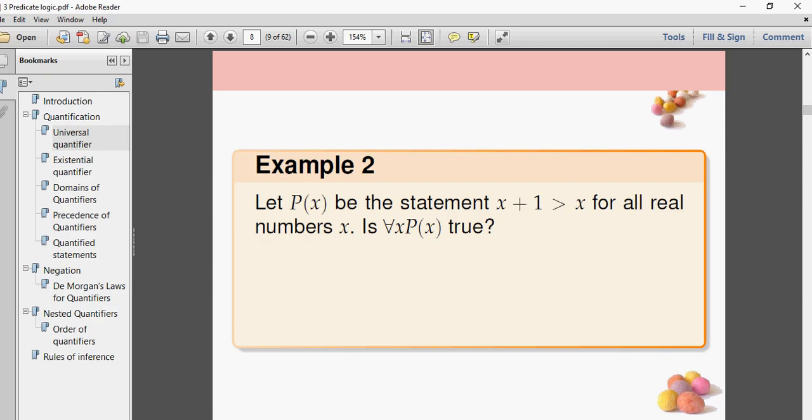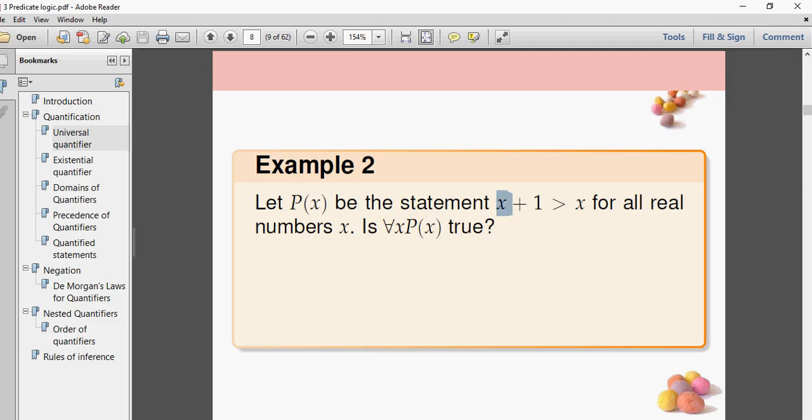Okay, example. Let P(x) be the statement x plus 1 greater than x for all real numbers x. That means what I need to prove is that for each x, P(x) is true. According to the definition, all x in this domain should be true. So we need to prove whether this is correct or not.